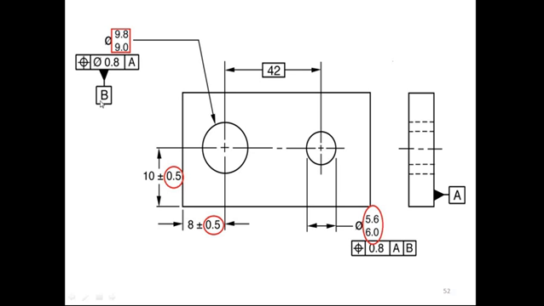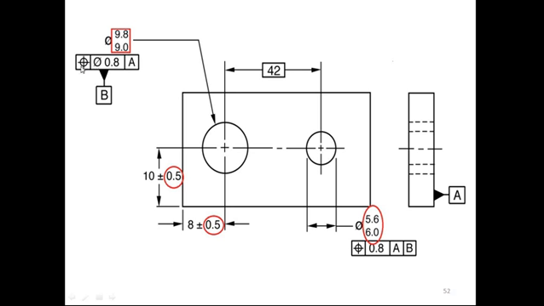See here, first of all we are going to discuss this one. We have given a datum B. This is one hole, and this hole is reference B, having diameter 9.8 to 9, so the allowable variation means it can be achieved from 9 to 9.8 diameter.